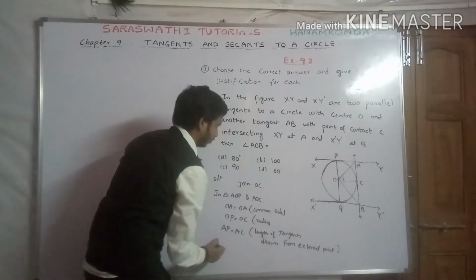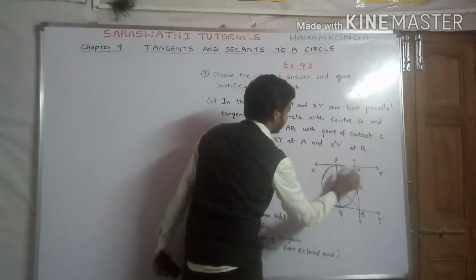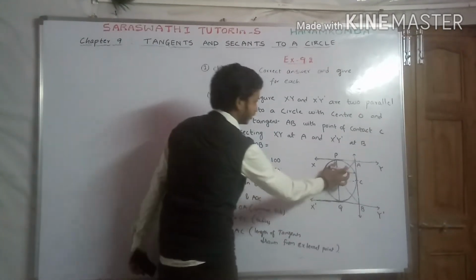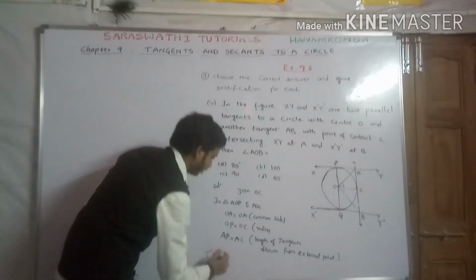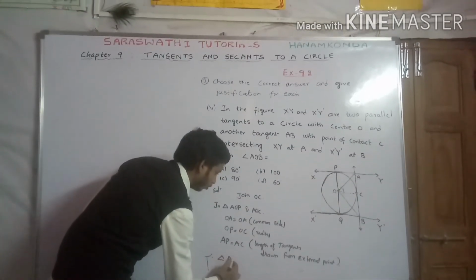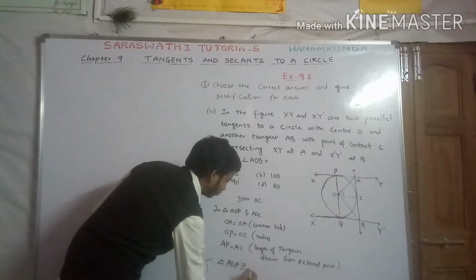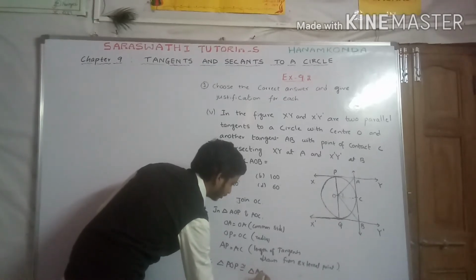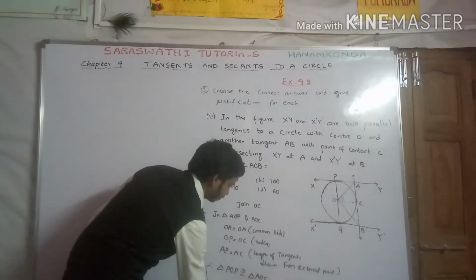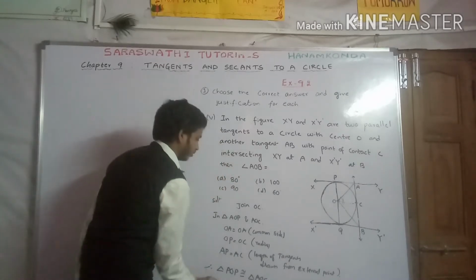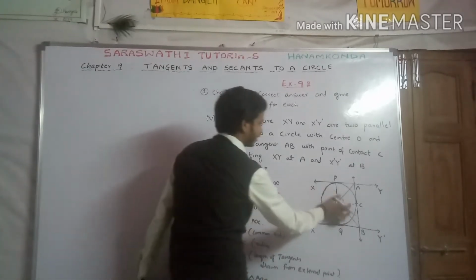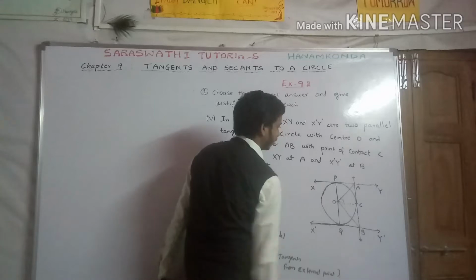Since the corresponding three sides are equal, these two triangles are congruent. Therefore triangle AOP is congruent to triangle AOC. In congruent triangles, all corresponding sides and all corresponding angles are equal.